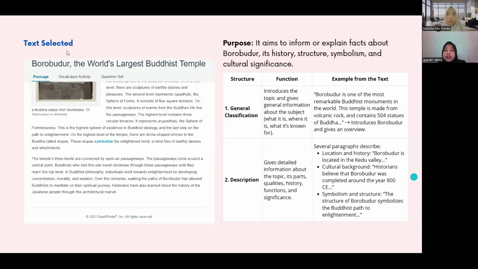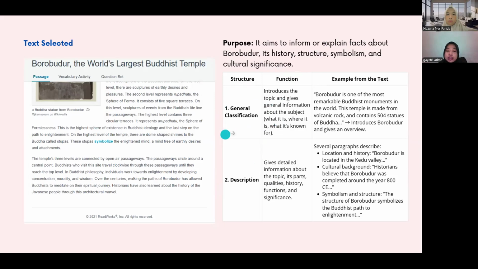The purpose of the text is to inform or explain the facts about Borobudur, its story, structure, symbolism, and cultural significance. And we know that the report text has two structures. The first one is general classification, and the second one is description.